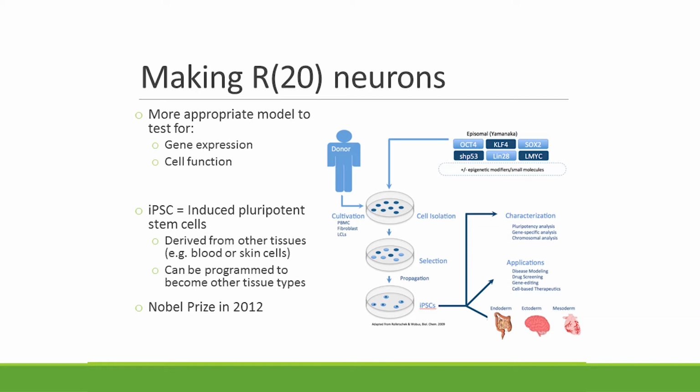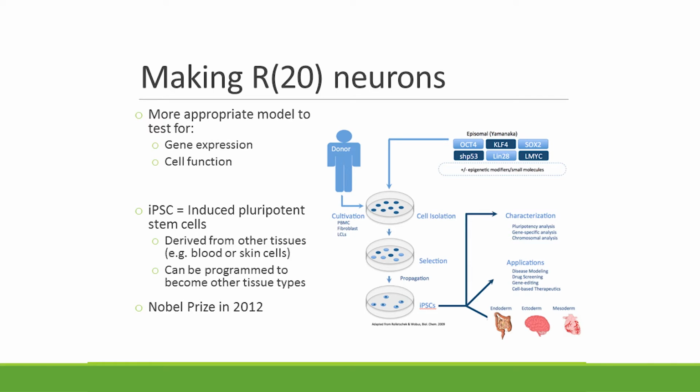One way that we can actually make brain tissue from other tissues, from blood or from skin, is creating something that's called an induced pluripotent stem cell. This won the Nobel Prize in 2012. So this is a newer technique where you can take a blood cell or a skin cell and reprogram it and make it go back to an embryonic state and then differentiate it to any tissue that we can.